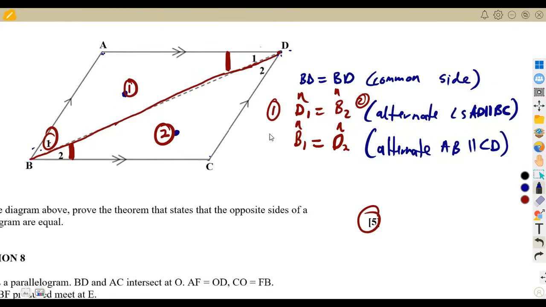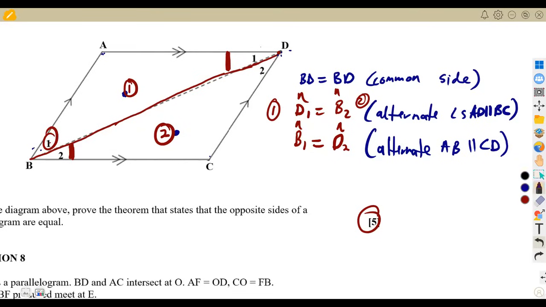We have a side which was common, the same side because there is just one. The sides are the same. We have angles which are the same: angle D1 to angle B2, and angle B1 to angle D2. Let's see if we consider our conditions of congruent figures.